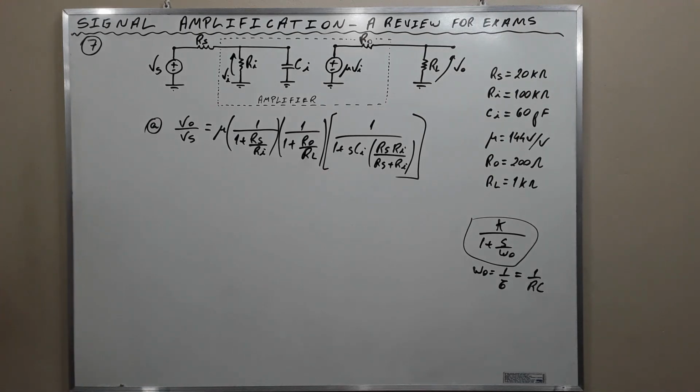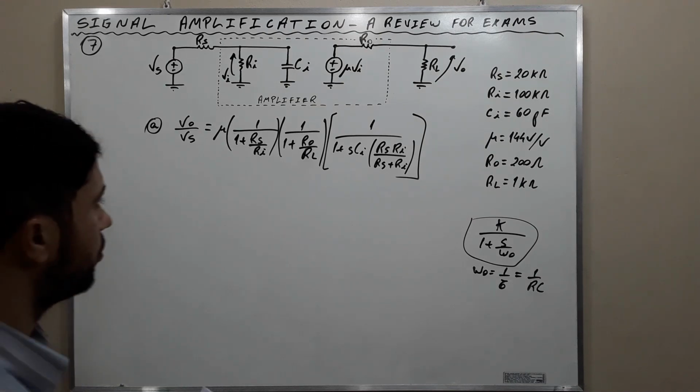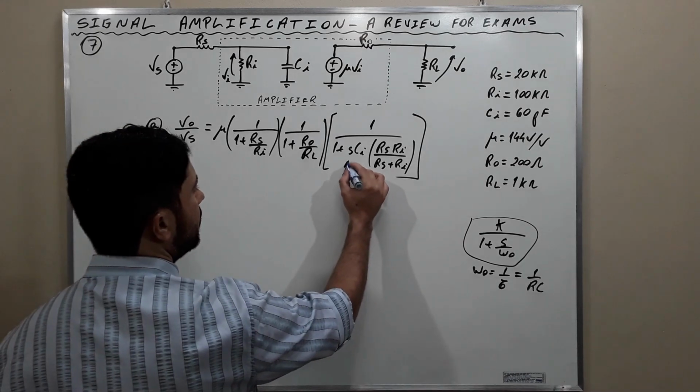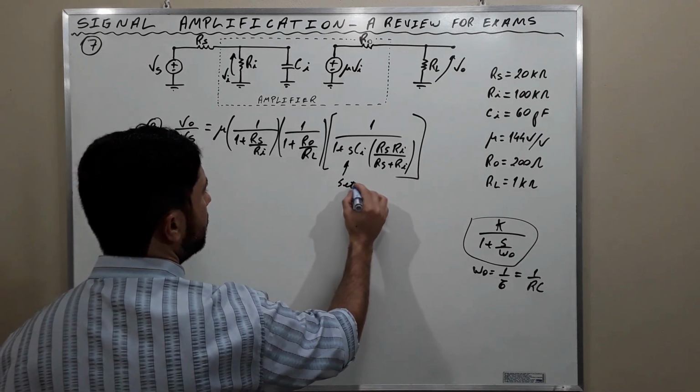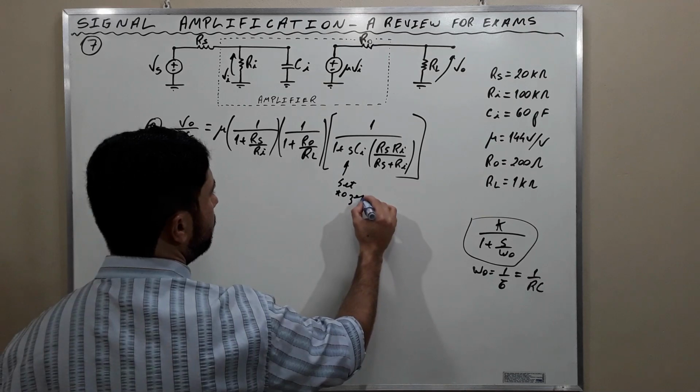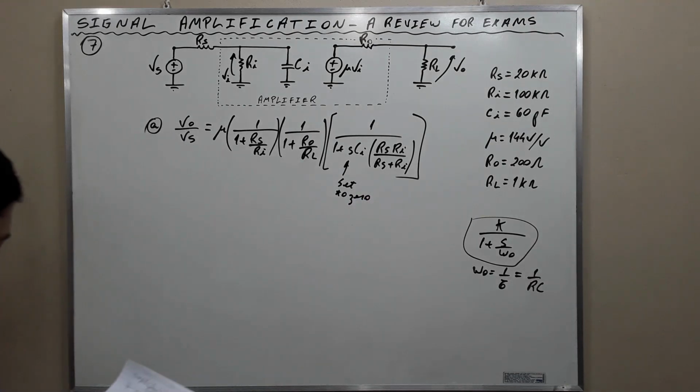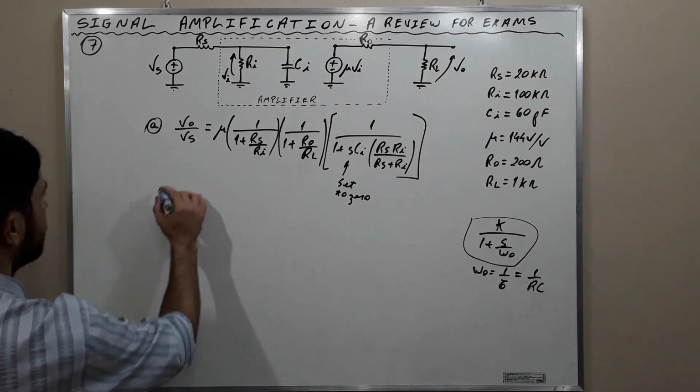Now the exercise wants us to calculate the DC gain. The DC gain is obtained by setting the frequency to 0. We're going to set S to 0. Okay, when we set this to 0, we get the gain.